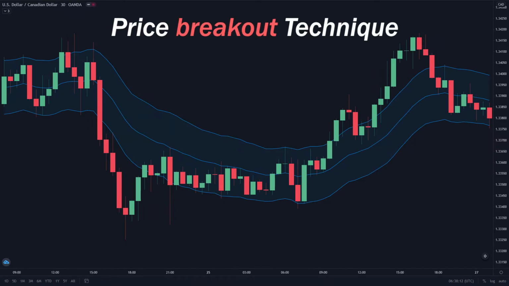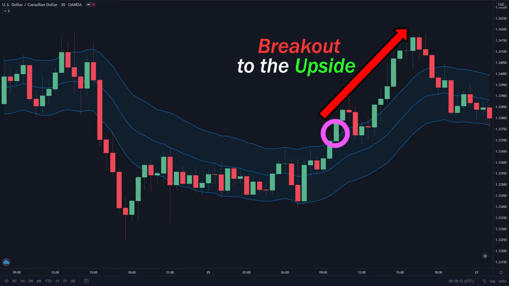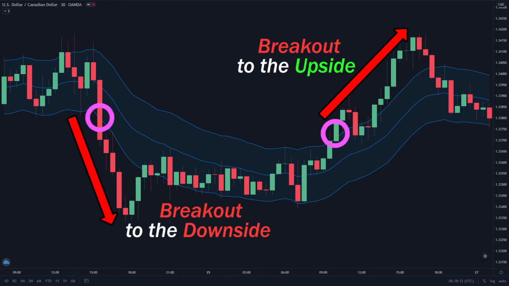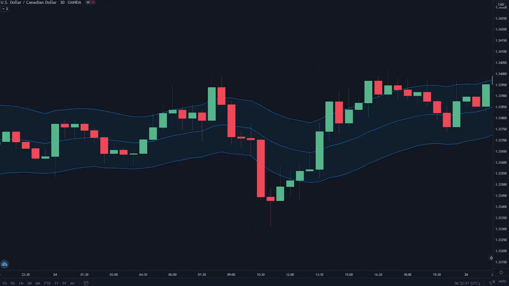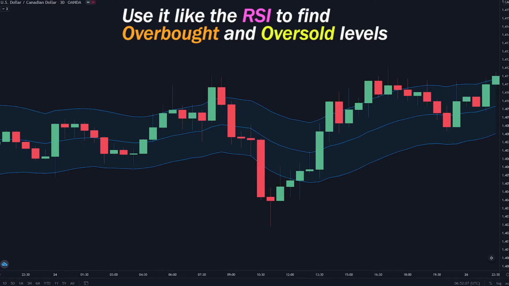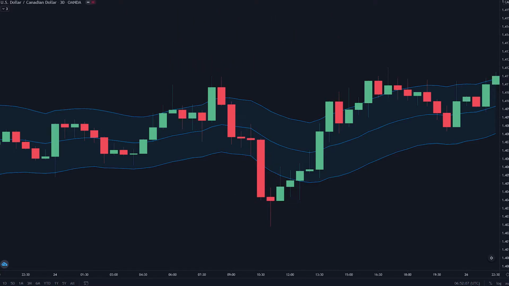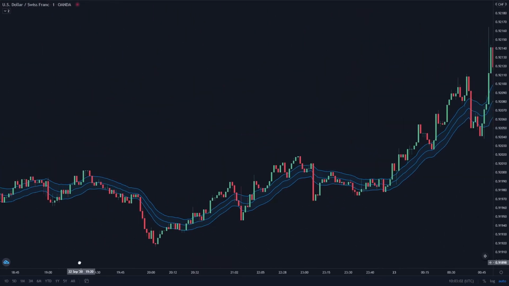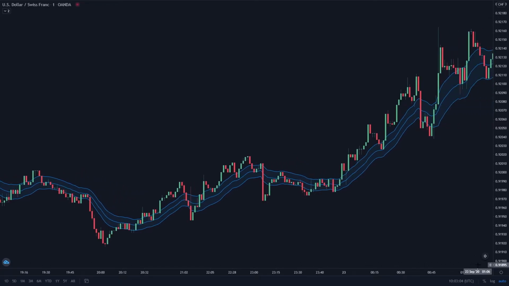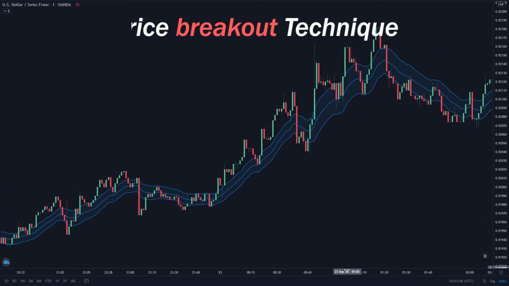So for the price breakout technique, you can use it by waiting for a candle to cross above or below the ATR lines. Or you can use it like the RSI, by waiting for the price to hit overbought and oversold levels. You can backtest all the different strategies on your own, but in this video, we are exclusively backtesting the price breakout technique.